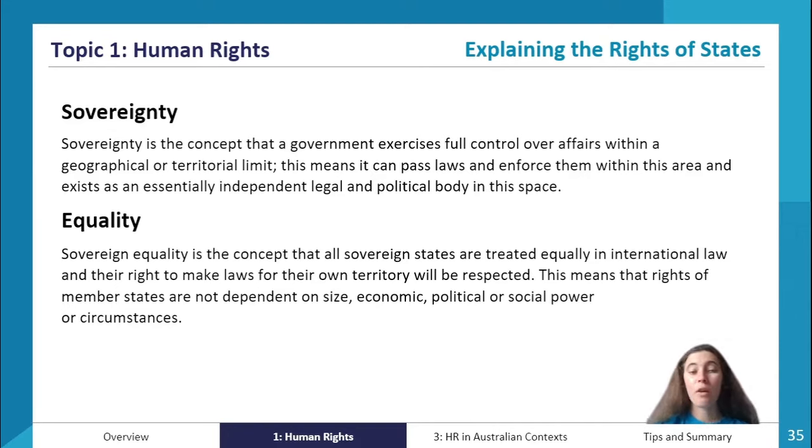So the rights of member states are not dependent on size, economic, political, or social power or circumstances. So if you've got sovereignty as a nation state, then it doesn't matter what size or standing or status you have, your rights are the same as any other nation state.